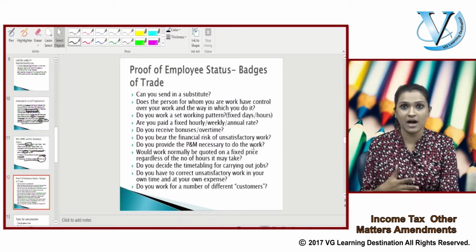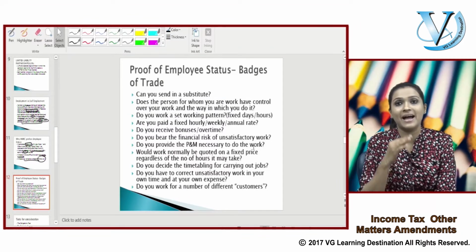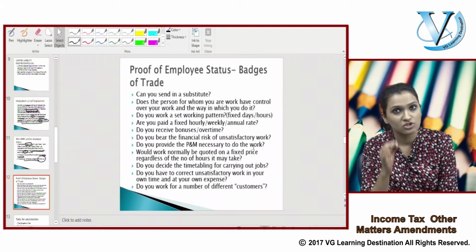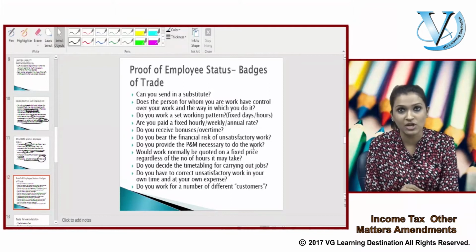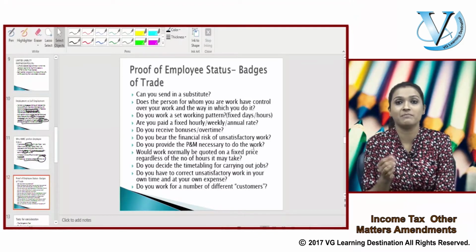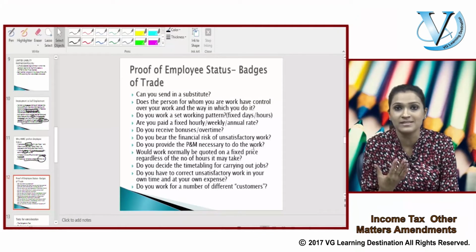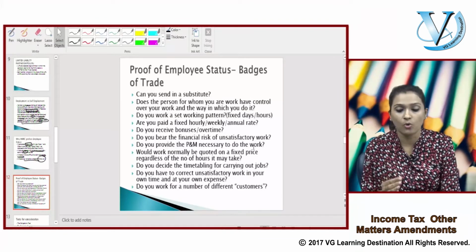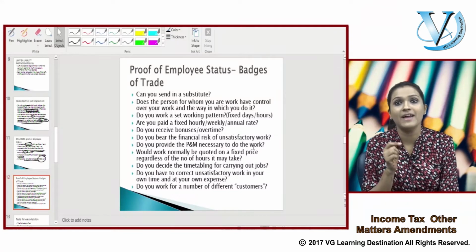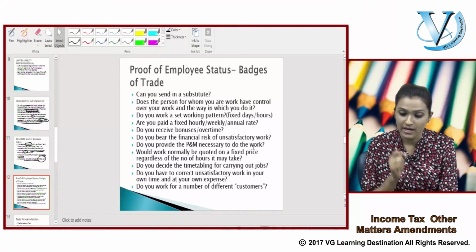I don't know how many hours it is going to take me, but I need to finish off this job. If I'm an employee, I can claim for my overtime work which I have put in. However, if I'm a self-employed person, it's my business, it's my work. I do not get paid any extra overtime for the quantum of extra work that I put in.